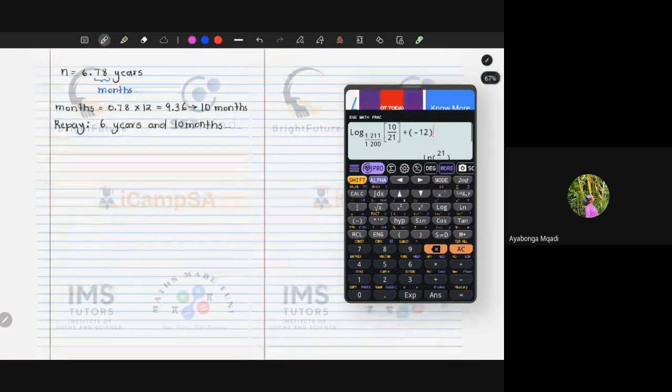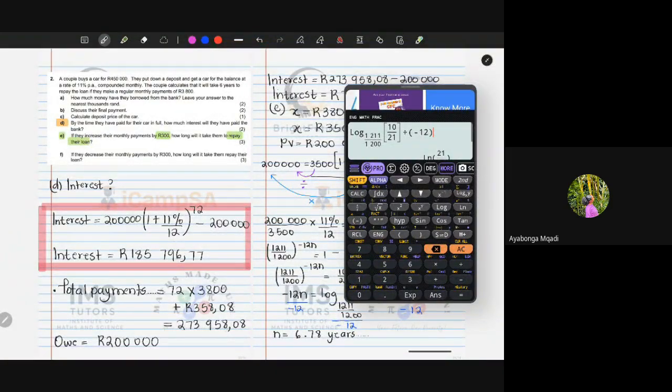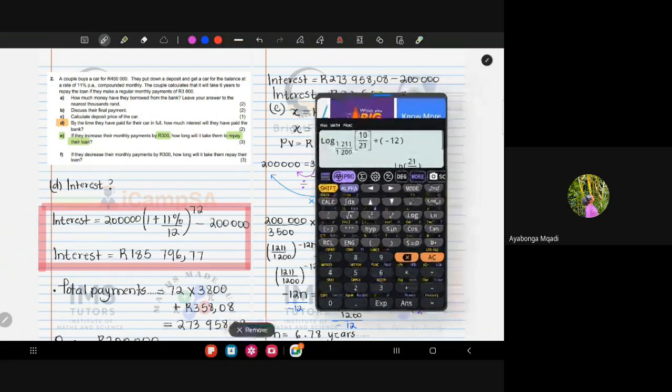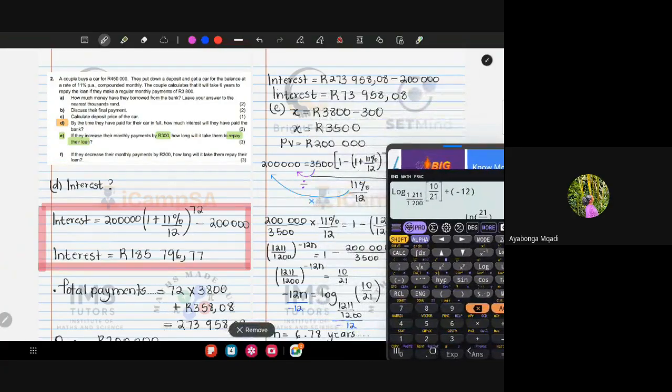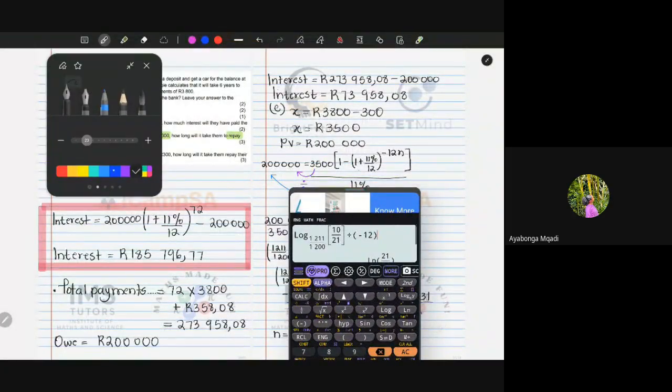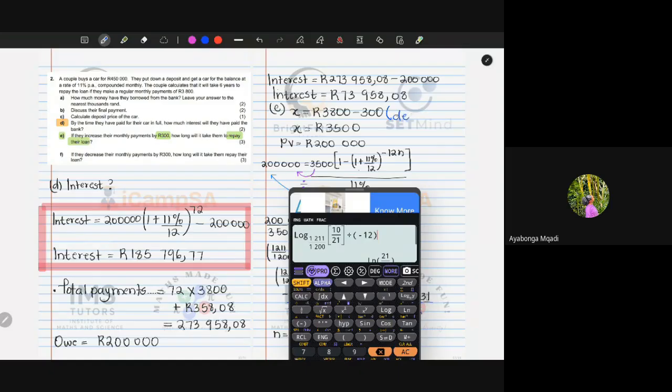So we actually did something here. We did decrease and they wanted increase. So I'll put here decrease. That is what we did. We decreased our installment by 300 instead of increasing, guys. So I'll need to give this to you as homework. Go and increase, which means you'll add 300 on the installment and see the period should reduce.